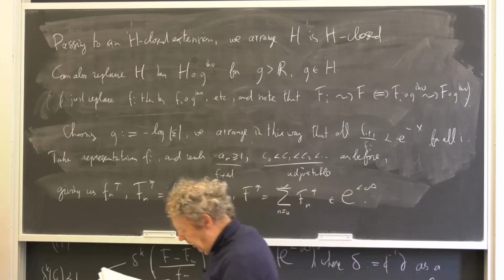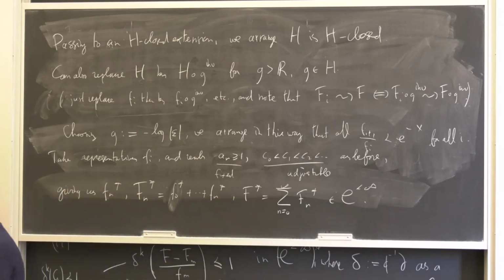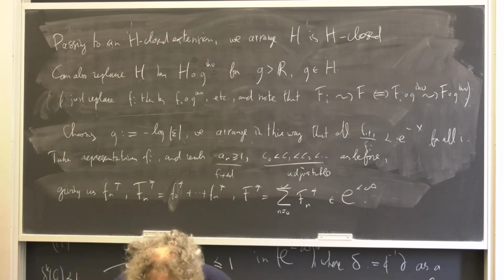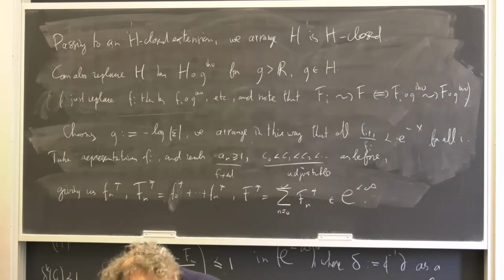Now it becomes a little bit, yeah, I think in the next 5 minutes I could only introduce extra notation and I cannot really act on it, so I think it's better to stop here.